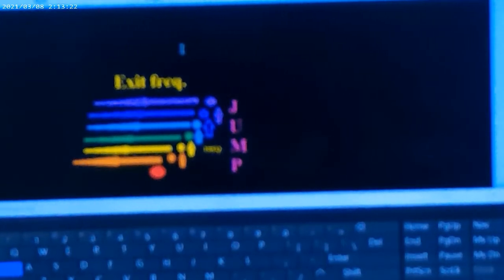And maybe we'll do a pair of lines, going all the way up to the M. Jump frequency.